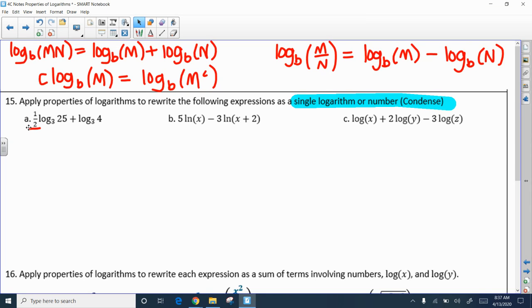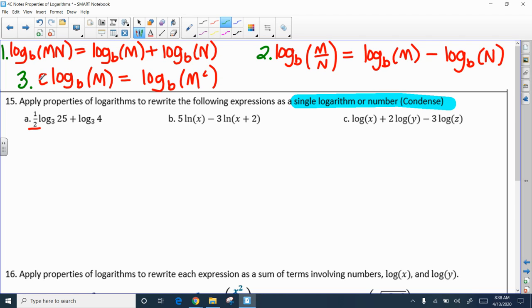All right, so on 15a, the first thing we're going to do is with this half here, I have to do something with that because if I'm going to combine these into one logarithm, I can't have any constants in front. So that's where I'm going to use this third property here. I'll label these so it's easier to talk about which one we're using.